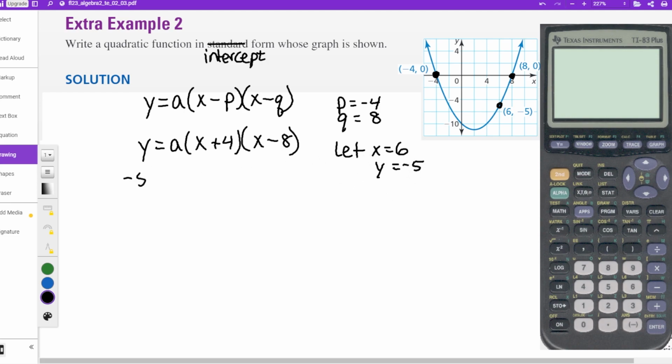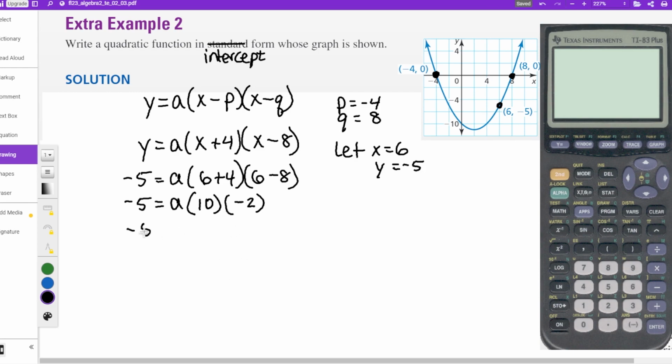Substitute. -5 equals a times 6 plus 4 times 6 minus 8. Now we have one equation and one variable a. We can solve for a. On the left, -5 equals, on the right, a times 6 and 4 make 10 times 6 minus 8, that's -2.